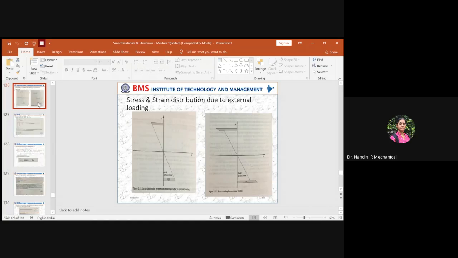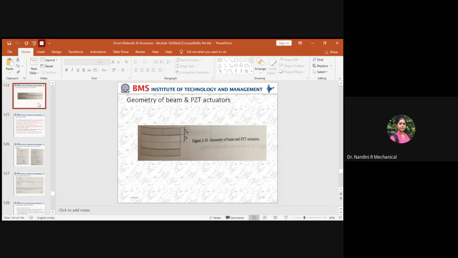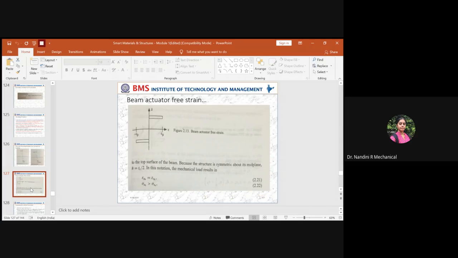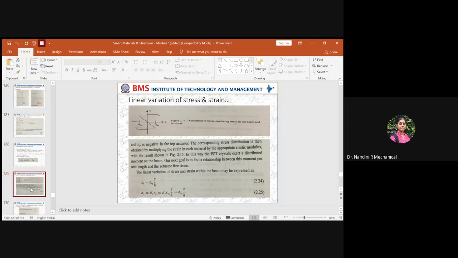H is nothing but the vertical height of the structure. This is the value of H, which is half the value of the structure above the neutral axis. If this H is equivalent to our Z axis, what will be the amplification we get in the stress and the strain? That we now have to consider.